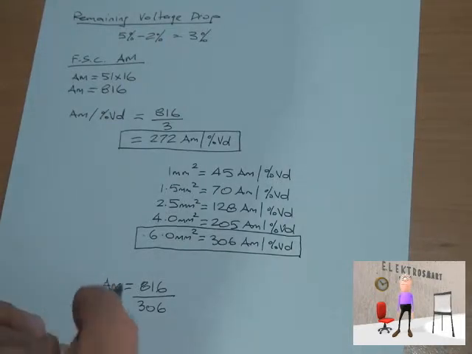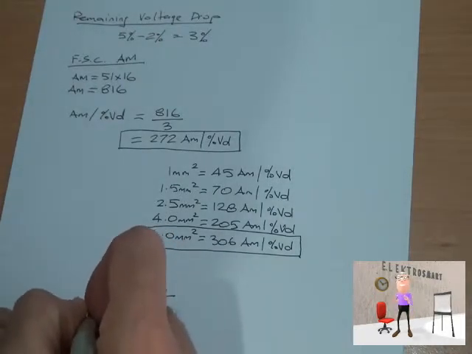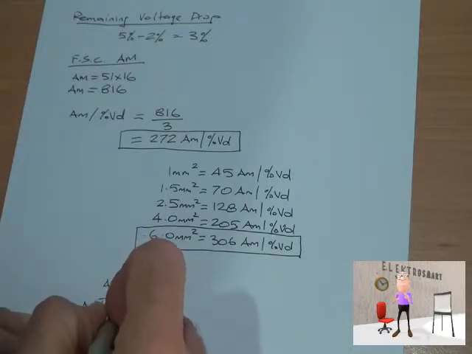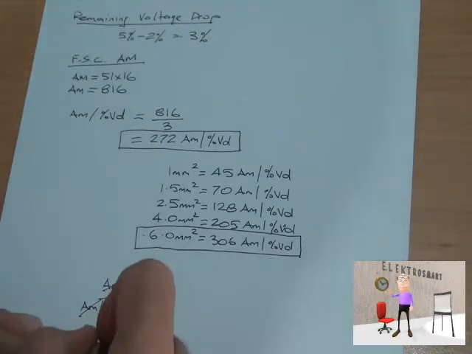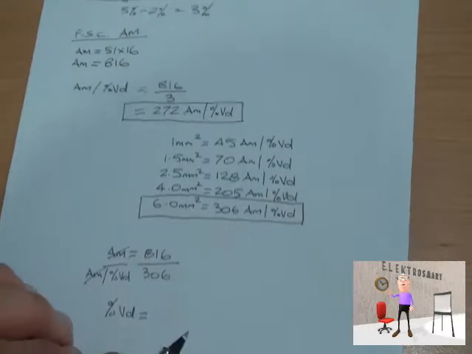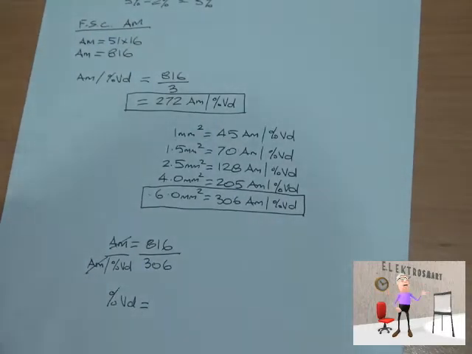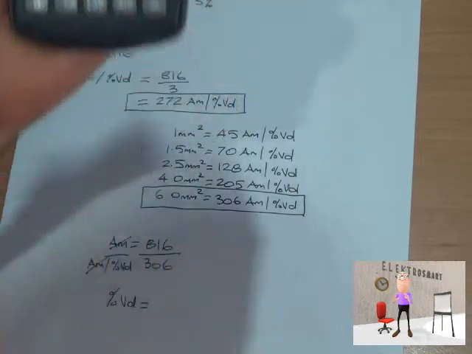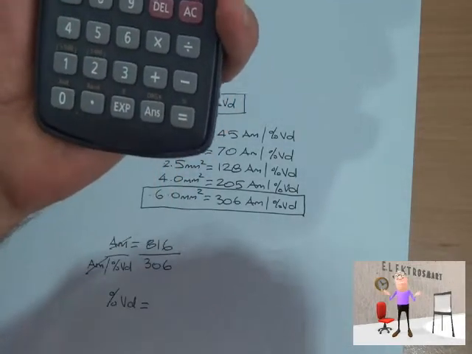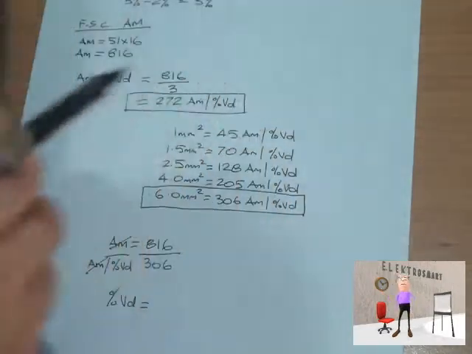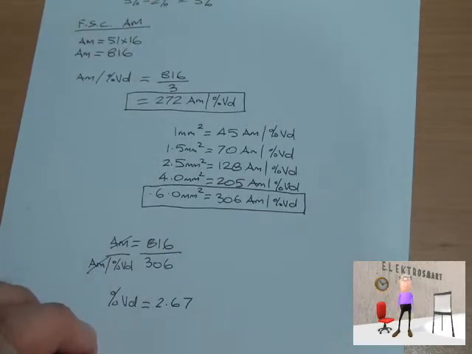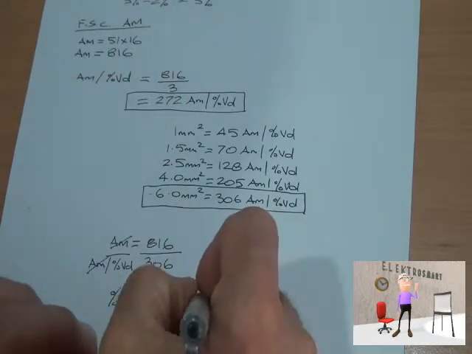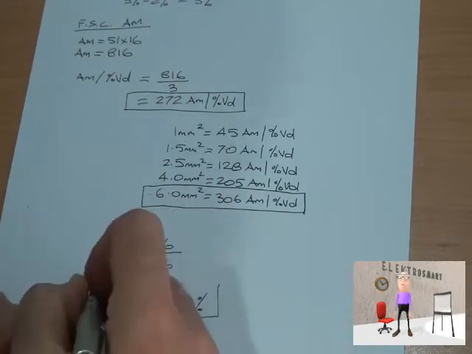So that's your amp meters divided by your amp meters per percentage voltage drop, and you can see that the amp meters cancel and it will leave you with the percentage voltage drop. So we get our calculator out again, we go 816, we divide that by 306, and we get 2.66 repeating. I'm going to round that to 3 significant digits as we do in our electrical trade course. So the percentage voltage drop will be 2.67% on the 6mm cable.